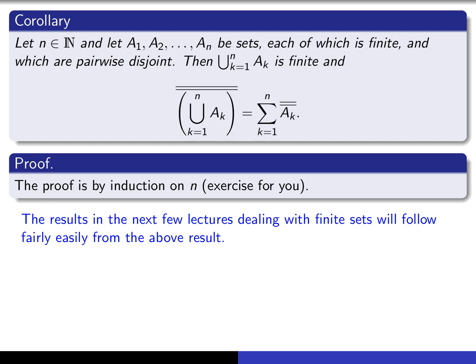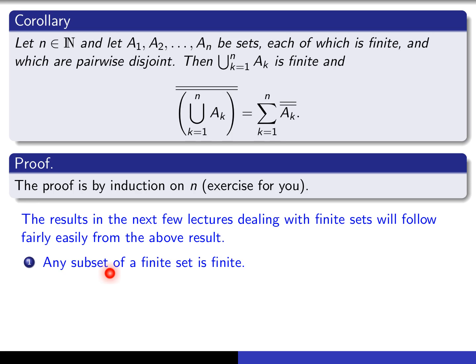Now it turns out that the next few lectures, I guess 4 more lectures for you on finite sets, every single one of them will basically be proved fairly easily using this result. So let me list the kinds of things that we're going to do. And I emphasize that I understand all of these results are intuitively completely obvious, but nevertheless they require proof.